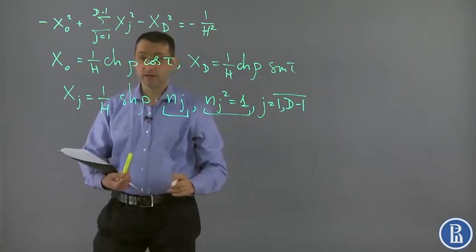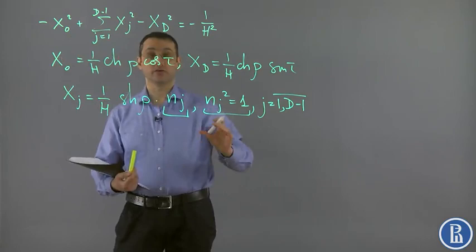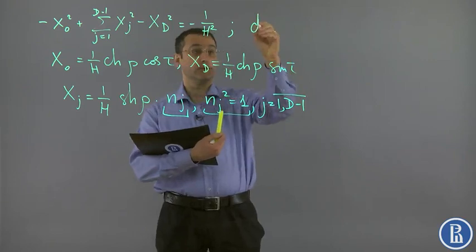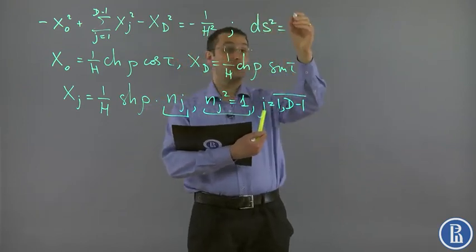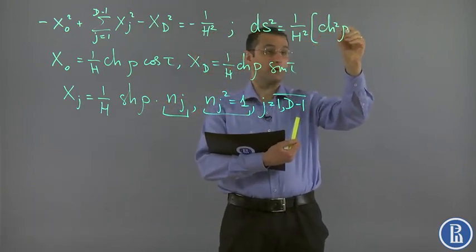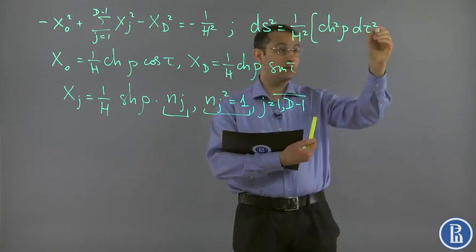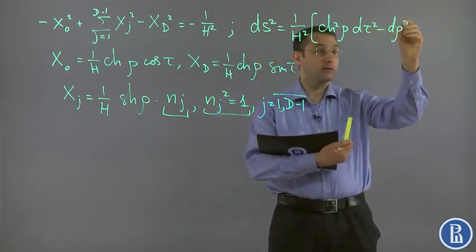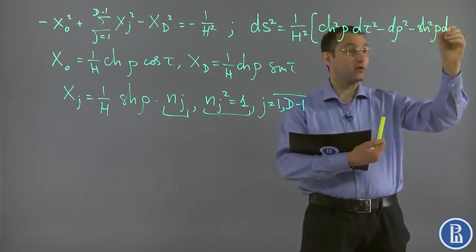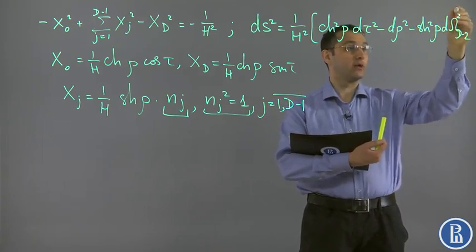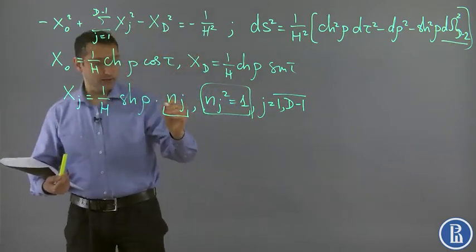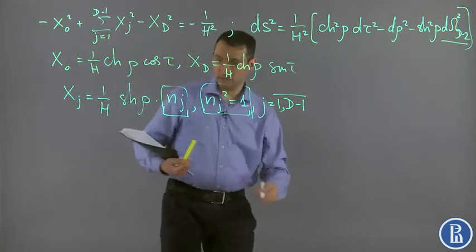As a result, if we use these coordinates and plug them into the metric of the ambient space, we get the induced metric in anti-de Sitter space, which has the following form: 1 over h squared, hyperbolic cosine squared of rho d tau squared minus d rho squared minus sine squared of rho d omega d minus 2 squared, where the coordinates on this sphere are given by this.